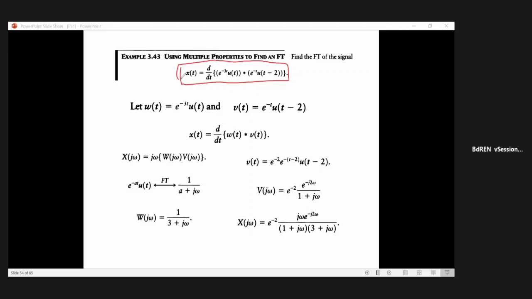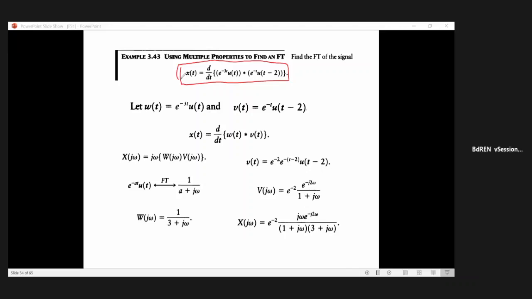First, you have to convolve these two functions. After obtaining the convolution, you take the derivative. Then your time domain function x(t) will be available. Once x(t) is available, you again have to apply the Fourier transform equation to transform it. But without going through that rigorous calculation, you know the Fourier properties of our signal.